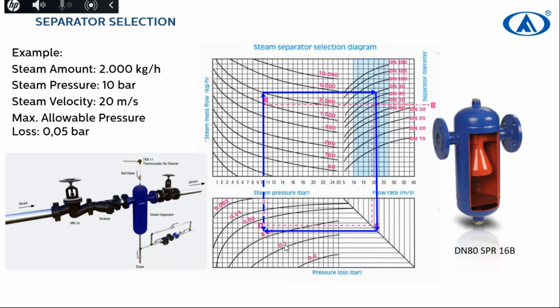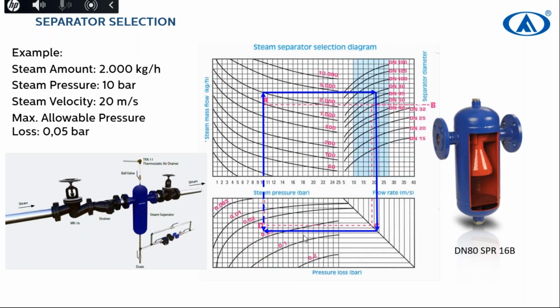Because 0.1 bar, for example, means 1 meter length of the steam column, from the ground to the top. You need to count it when you calculate the back pressure. It's a lot, that's why it's unacceptable.